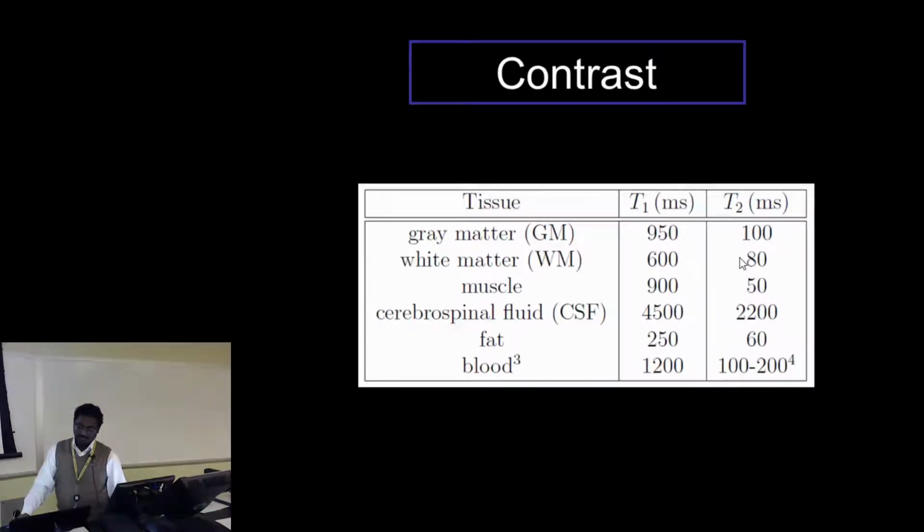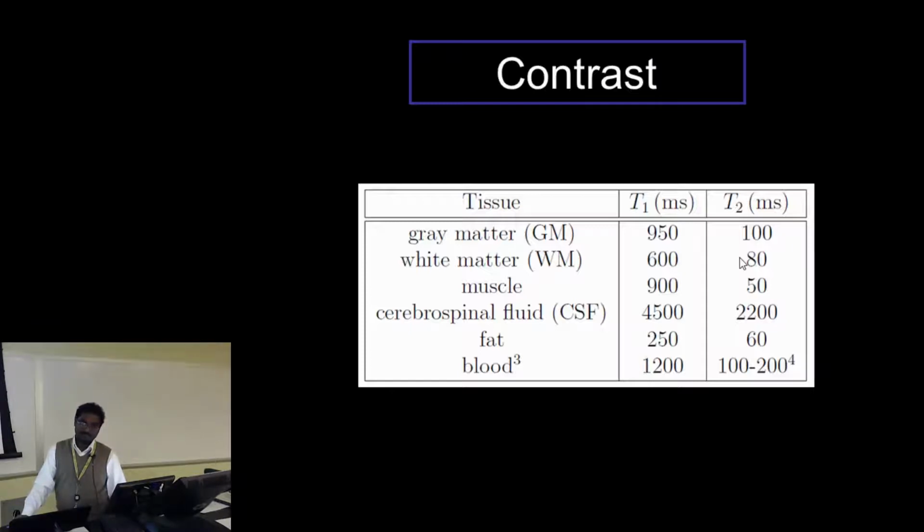And if you see, there is quite a bit of correlation between your T1s and T2s. The larger the T1, the larger the T2 as well, typically, except for muscle. White matter and muscle, 600, 900. See, CSF has the largest T1, and it has the largest T2. Gray matter is the next largest. Blood is next, and 100 and 200 is basically for venous and arterial.